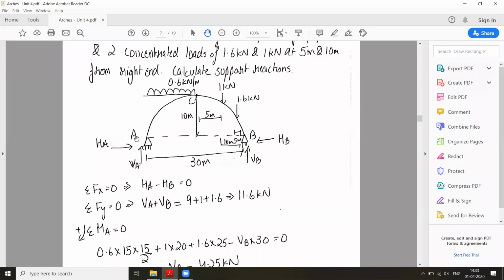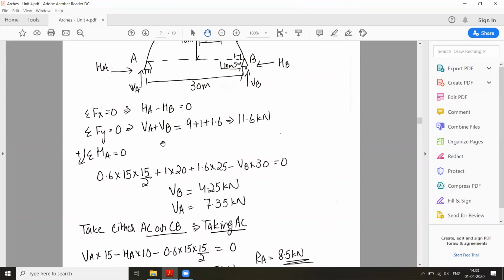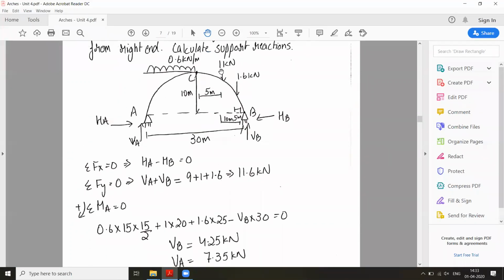Okay, so let us take moment at A equal to 0. So it will be 0.6 into 15, and the resultant of this will be at center, 15 by 2. Plus, now what is the distance of this 1 kilonewton from A? 15 plus 5, so 20.